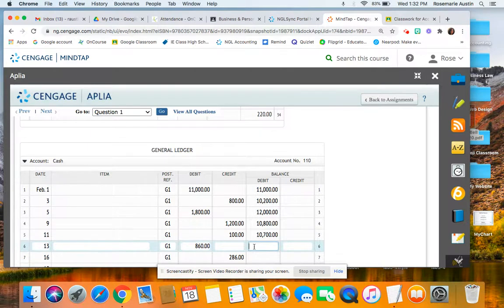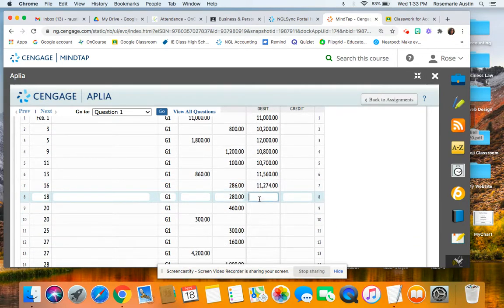Then you're going to add 860, so 11,560. You're going to subtract 286, so 11,274. You're going to subtract 280, 10,994.